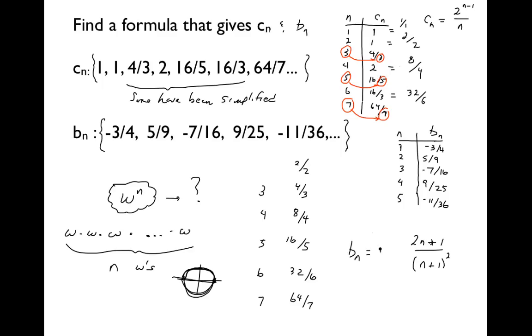So cosine of, does this work? So when n is 1, we get the cosine of pi. And that's on the left side of the circle. The x-coordinate is -1. When n is 2, cosine of 2 pi, that's over here on the right side of the circle. We get +1.